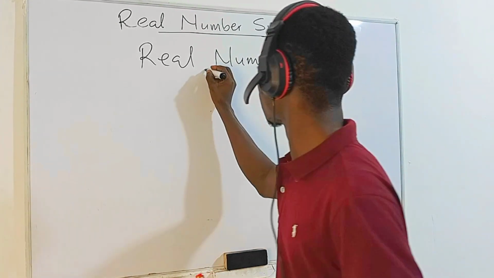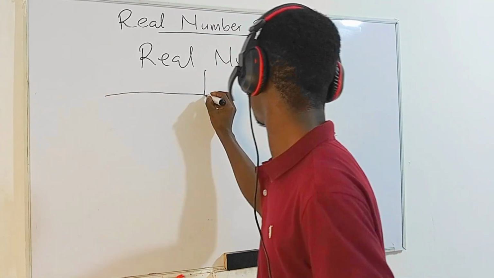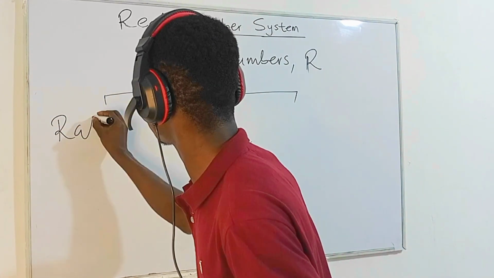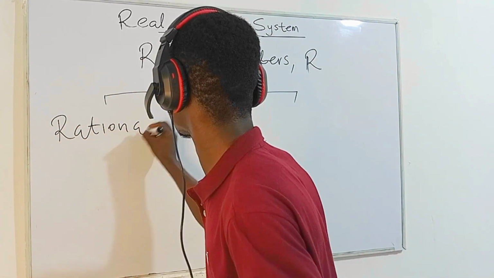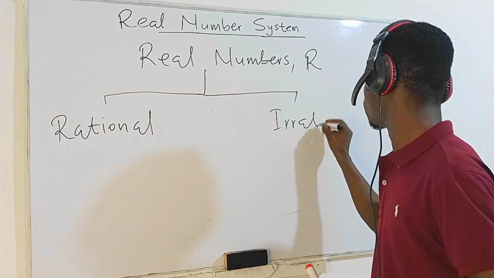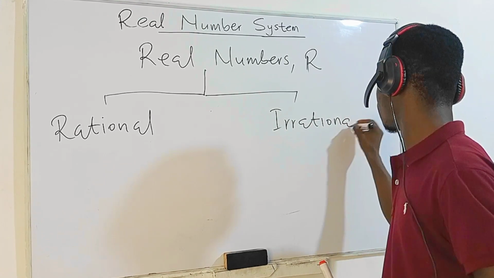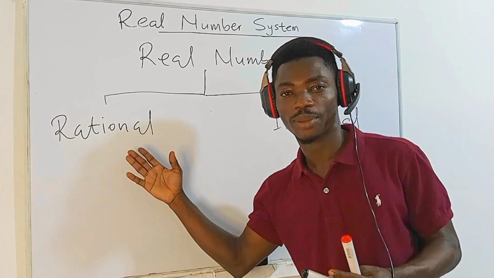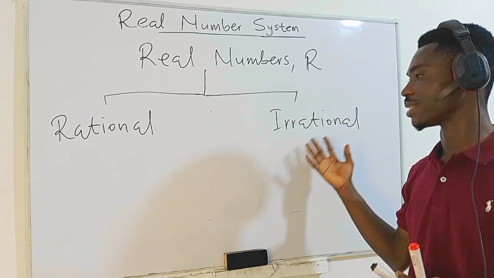We have two main categories of real numbers. The first one is rational numbers and the second is irrational numbers. Now, what is the difference between rational numbers and irrational numbers?